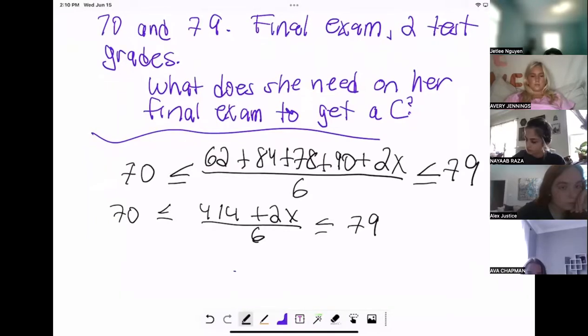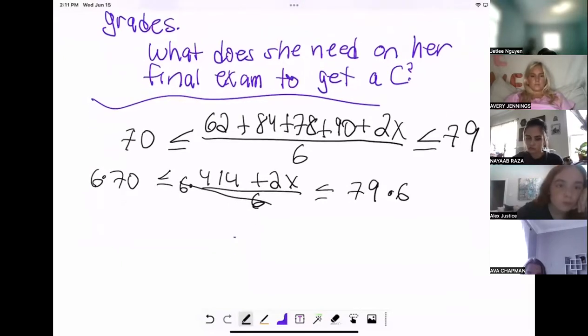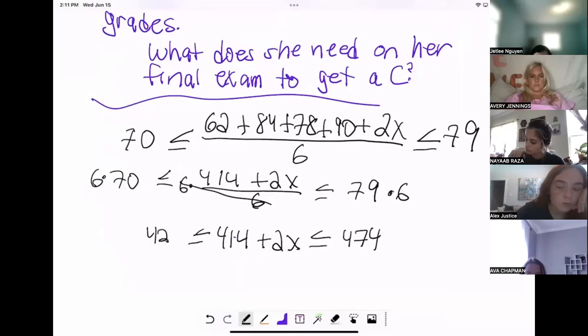Well, I'm going to get rid of that 6. So I'm going to multiply every single thing by 6, because then the 6 will go away and I'll be left with just the middle. So 414 plus 2x is less than or equal to, again, I did this earlier, 474 less than or equal to 420.